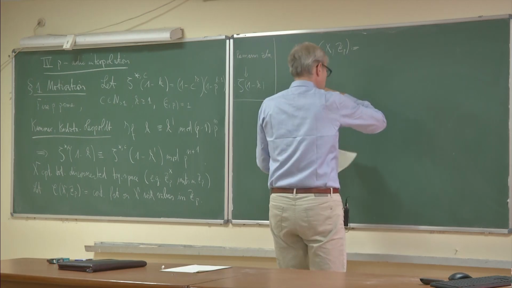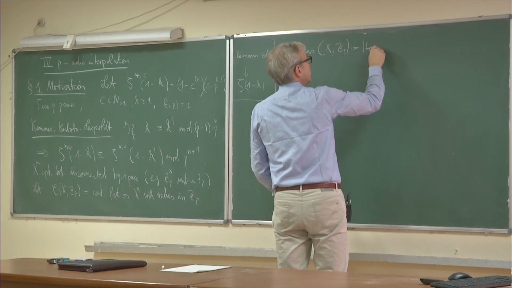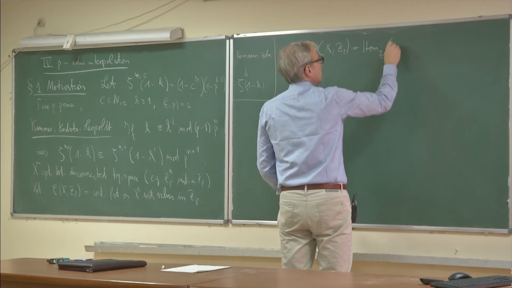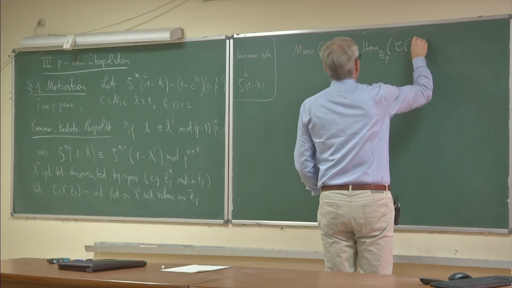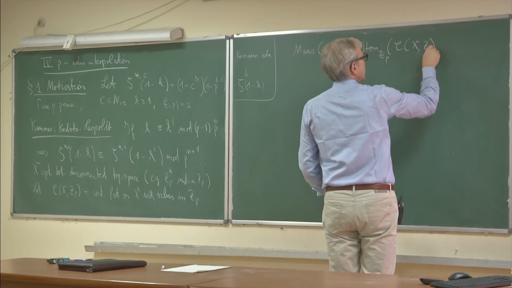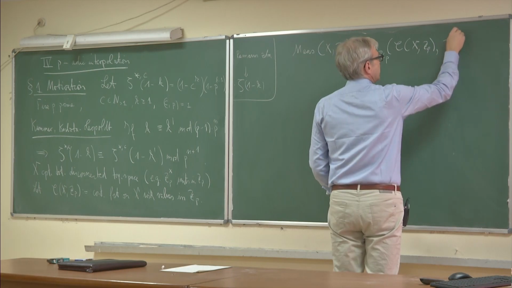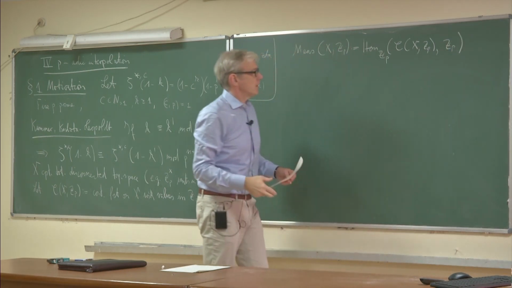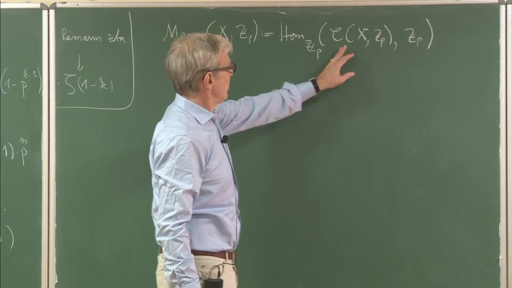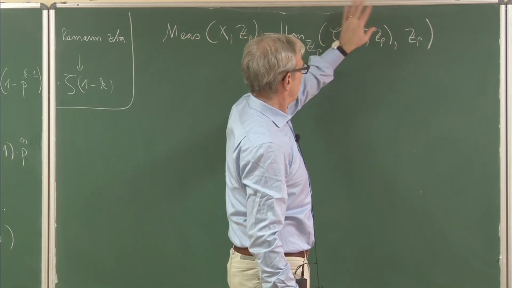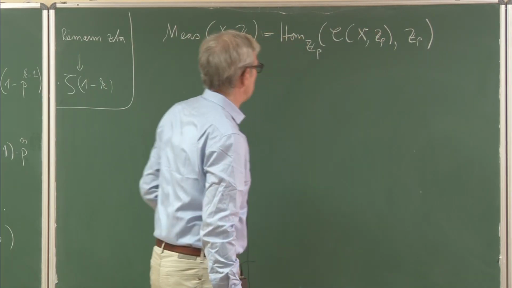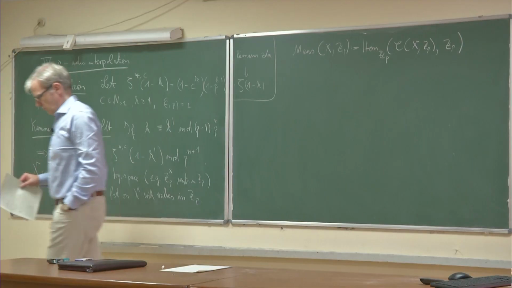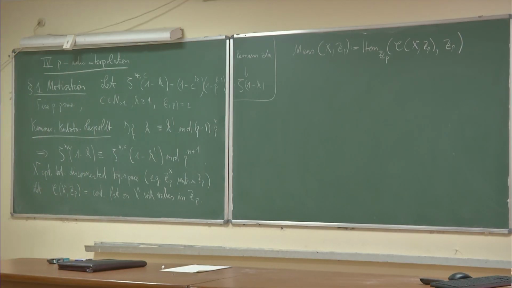That is just the Z_p-linear homomorphisms from these continuous functions into Z_p. And normally you would say this function has to be continuous or something, but this is true in this case automatically.